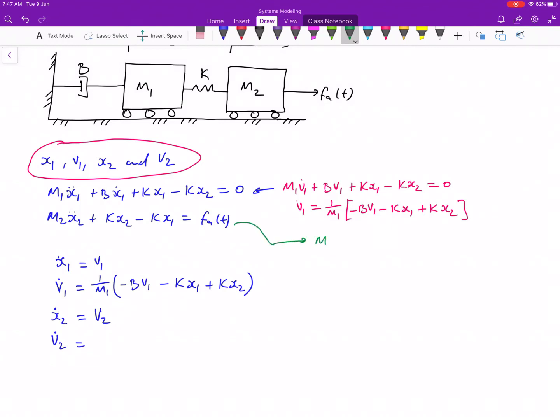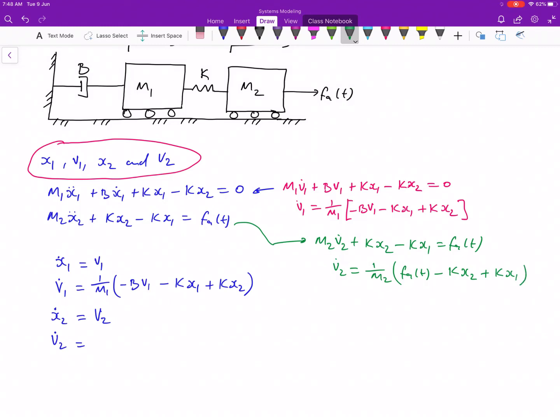So we have m2 v2 dot plus kx2 minus kx1 is equal to our applied force. Hence, we can say that v2 dot is equal to 1 over m2 times (applied force minus kx2 plus kx1).